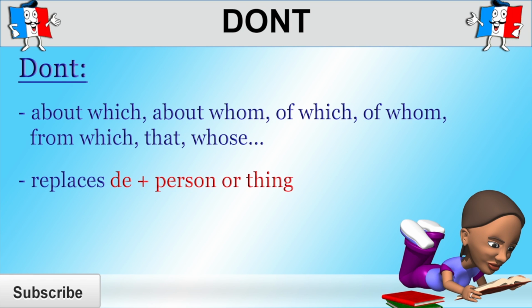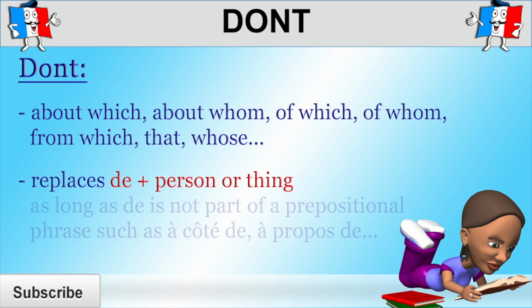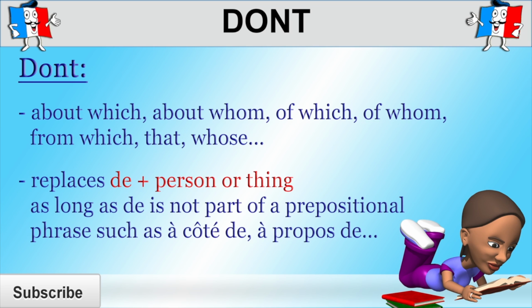Dont is used to replace de, followed by a noun which can be either a person or a thing, but what you need to keep in mind is that this is only the case if de is not part of a prepositional phrase, such as, for example, à côté de, près de, à propos de, etc. So basically, for dont to replace de plus a person or a thing, de needs to occur by itself and not as part of a prepositional phrase.